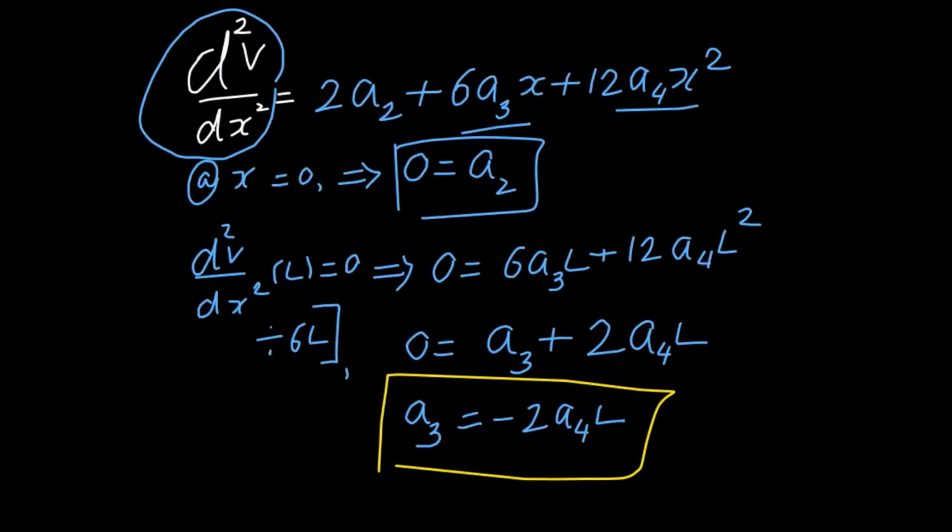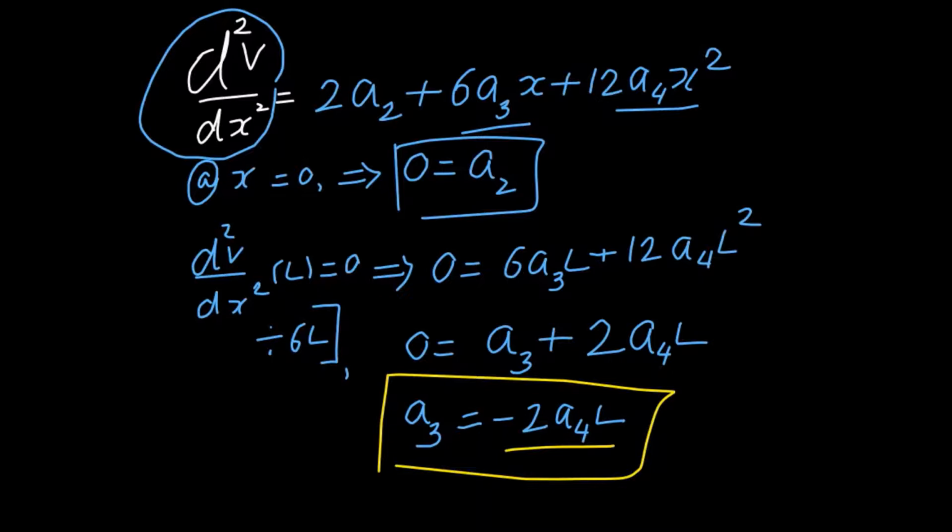V of x is equal to a naught, which is 0, plus a1x, we don't know the value of a1 yet, and the value of a2 is 0, okay, fine, and the value of a3 is minus 2a4L.